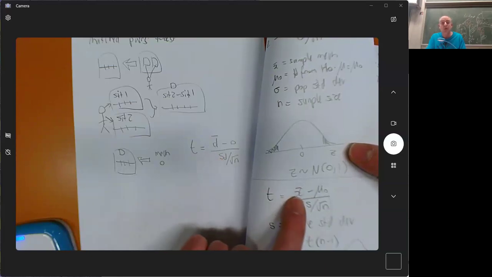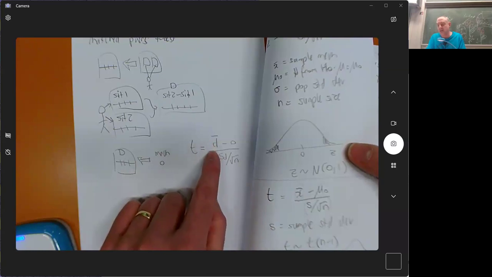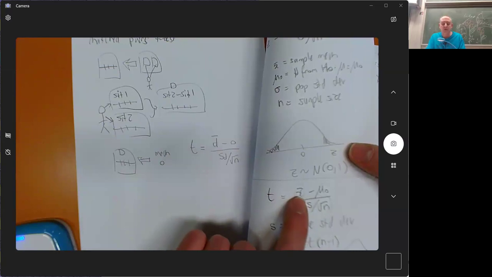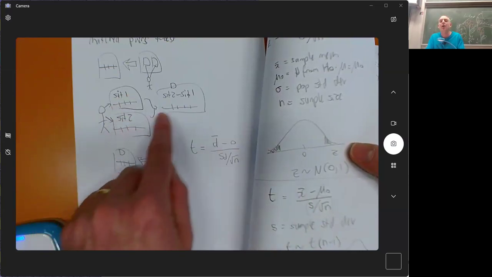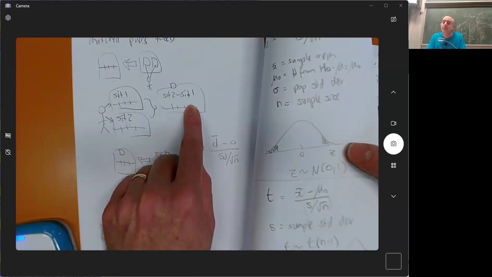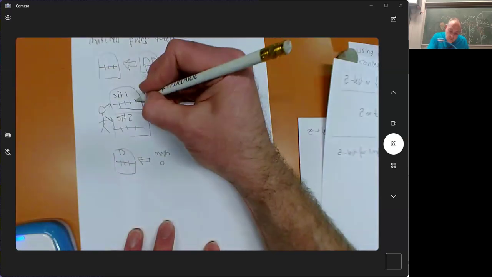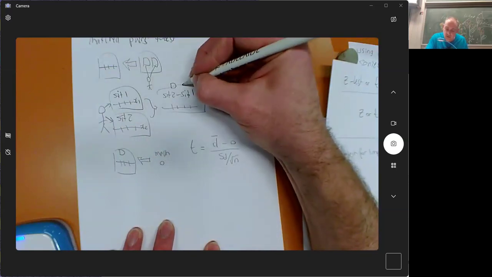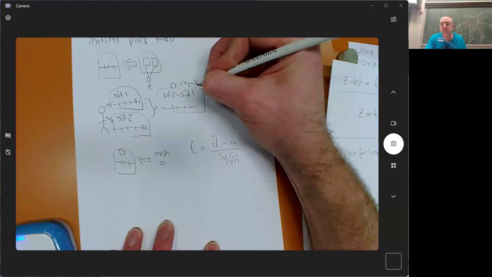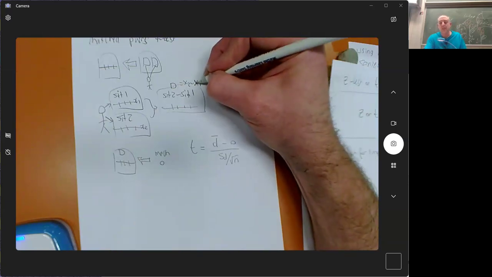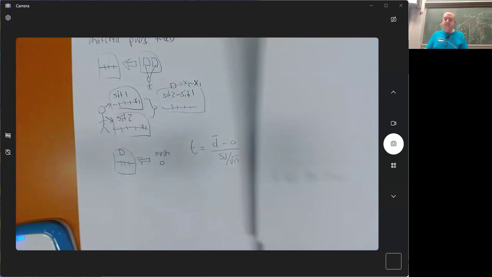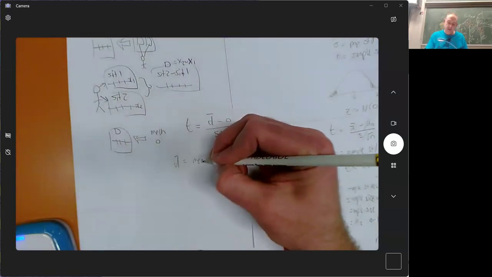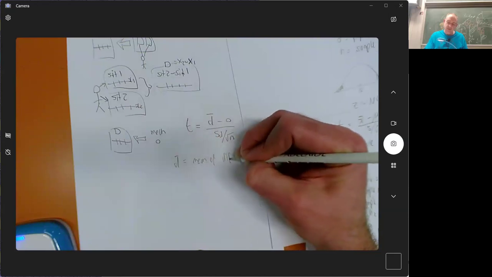And so that's why it says d bar instead of x bar when you look in the textbook or the notes, because this is x1 and this is x2, and we've made a whole new set of data. So in essence, this is like x1, this is x2, and this is d, which is x2 minus x1. And so d bar is the mean of the differences.